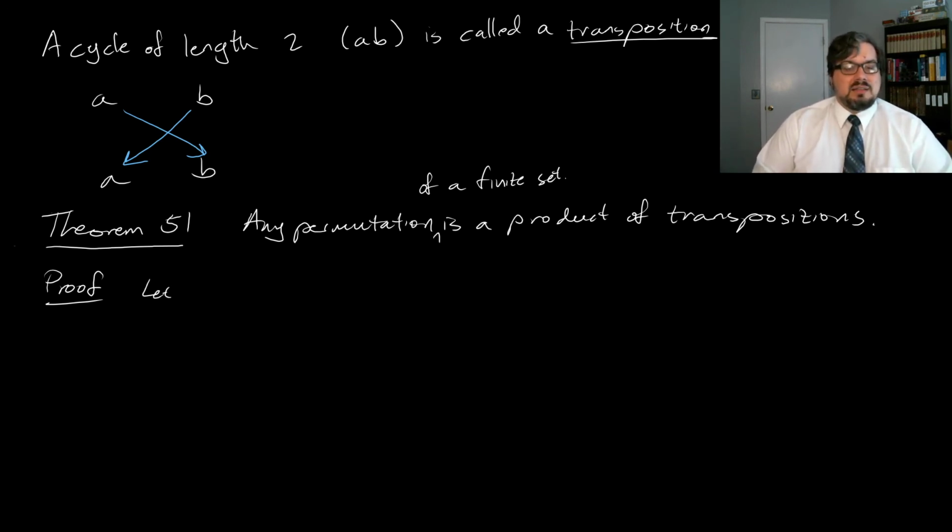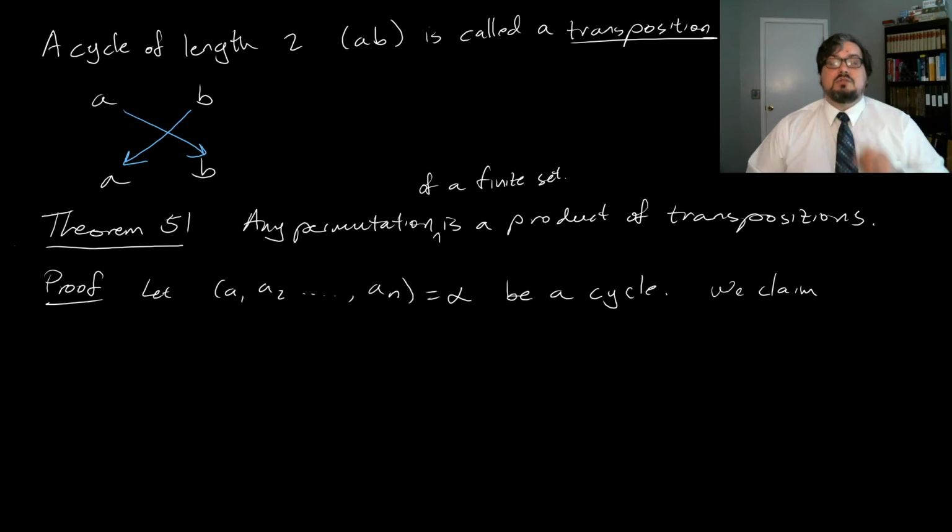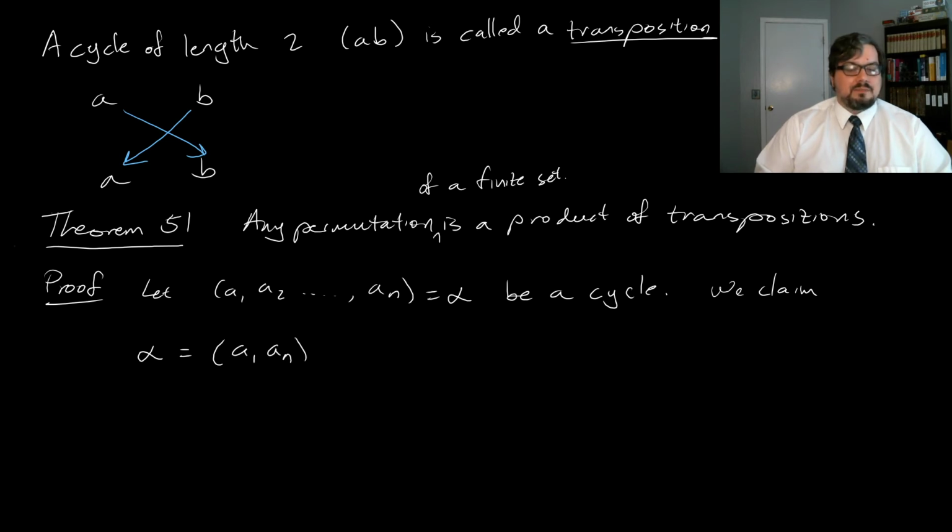So let (A1 A2 ... AN), I'll call it alpha, be a cycle. And we're going to write down its decomposition into transpositions very explicitly. So we claim that alpha is equal to (A1 AN)(A1 AN-1)(A1 AN-2), down to (A1 A3)(A1 A2).